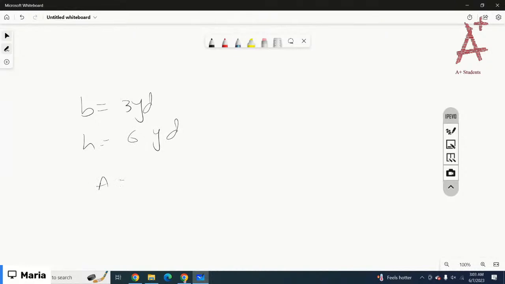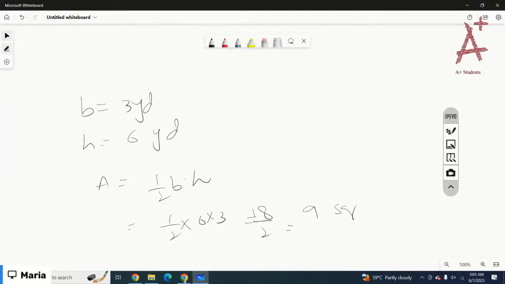So area of triangle would be half times base times height. That means half times 6 times 3. 6 times 3 makes 18, and 18 divided by 2 equals 9.